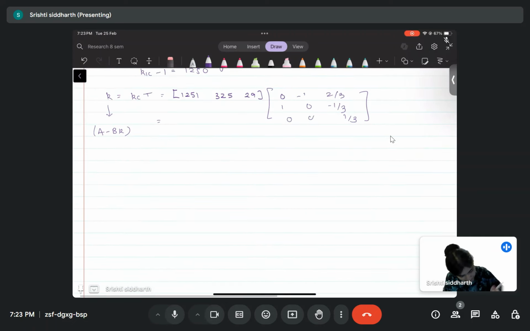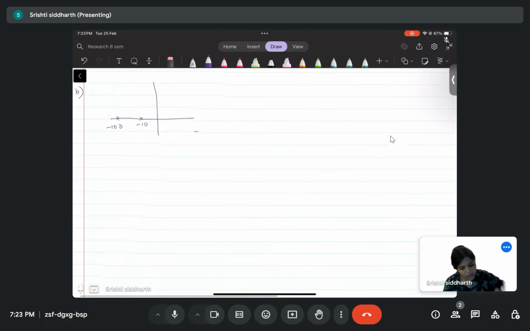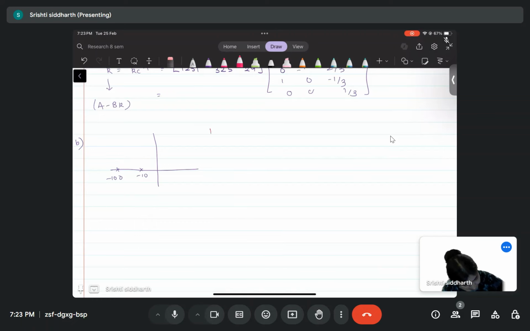So now the second part is that we want to shift the eigenvalues, the real part of eigenvalues from minus 10 to minus 100. Okay, so then again we have the desired characteristic equation. In this case we have s minus 100, s plus 100, then s plus 100 plus 5i, s plus 100 minus 5i.